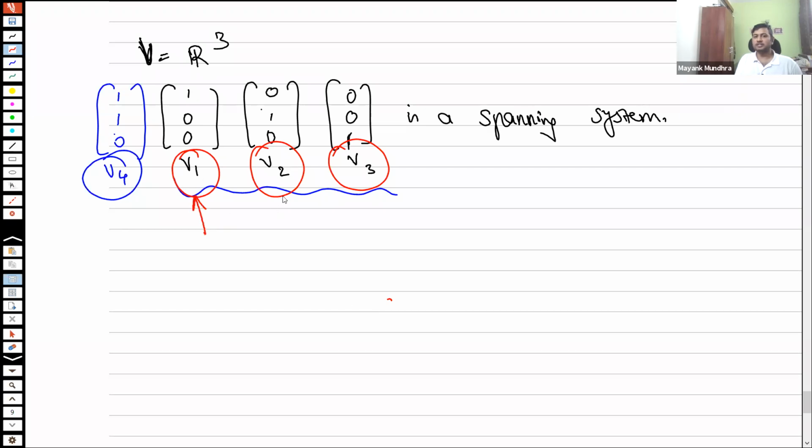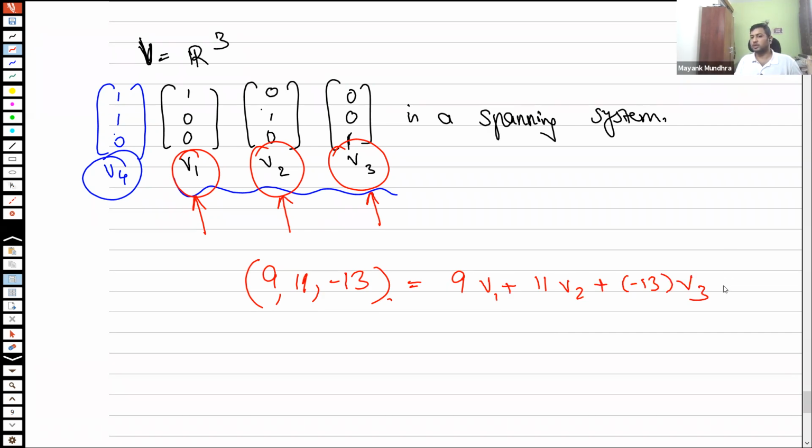If you give me these vectors V1, V2, V3 and ask me to reach some point, say (9, 11, -13), I can say that this is just 9 times vector V1 plus 11 times vector V2 plus -13 times vector V3 plus 0 times vector V4. I can use these vectors to reach any point, not just (9, 11, -13). Give me any point.